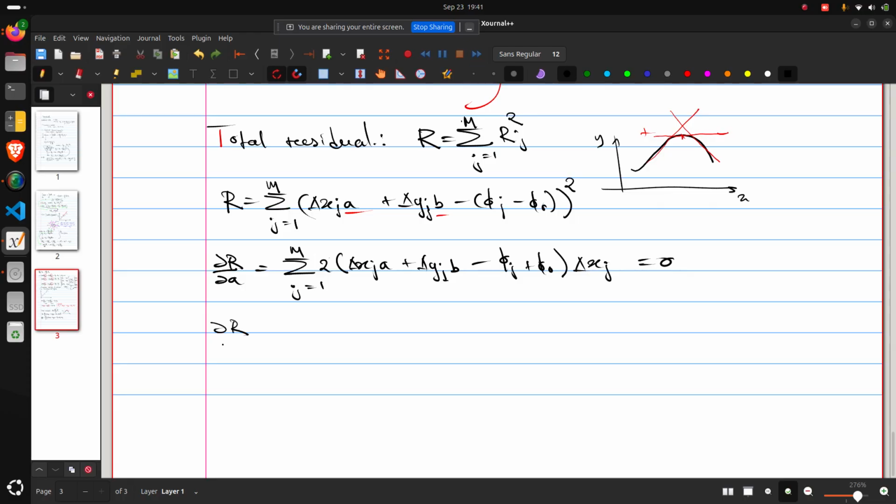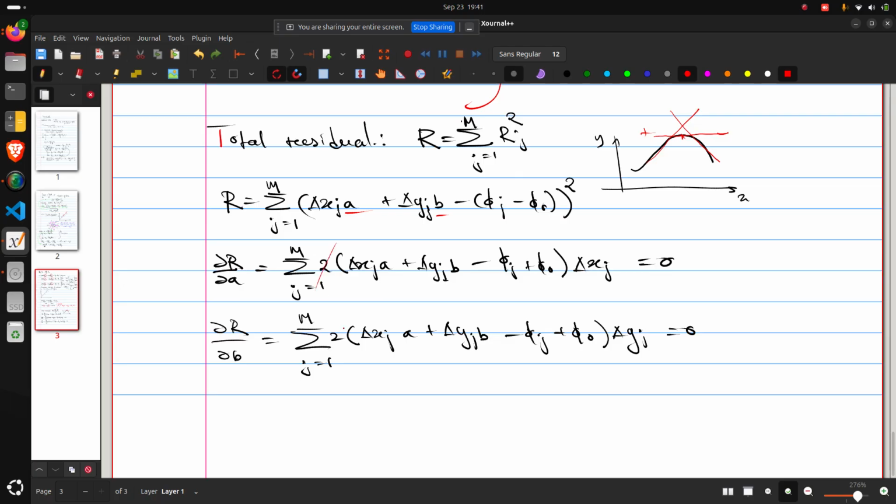Similarly, we have another variable, b, another unknown. So taking the gradient along b, we will have 2 times delta xj a plus delta yj b minus phi j plus phi naught times delta yj equal to 0, right. So now from m equations we have reduced our number of equations to 2 equations here.